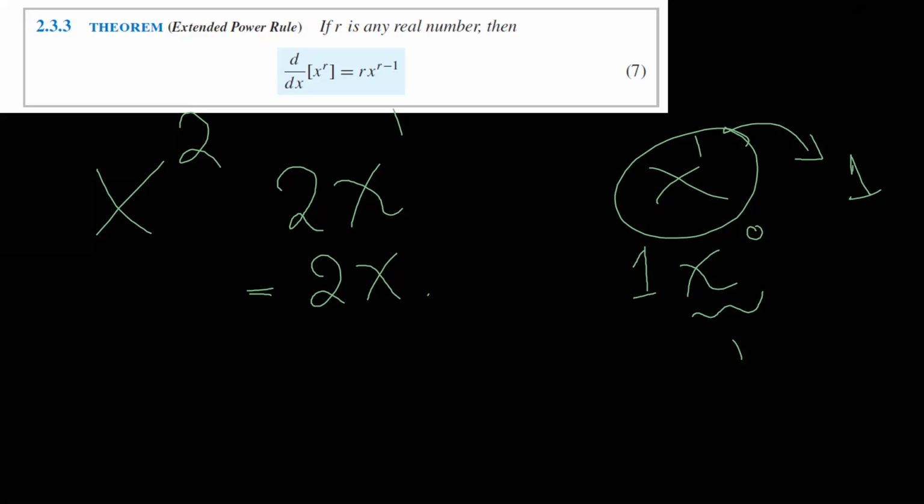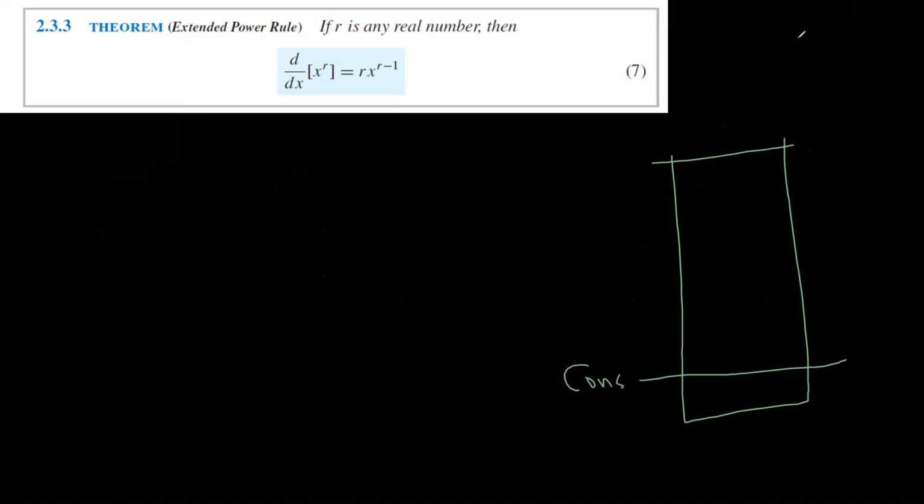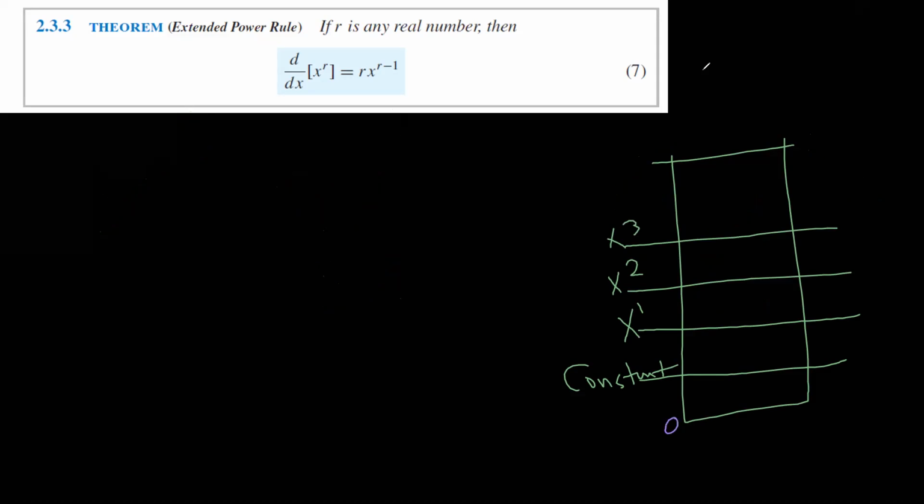So if I have, it's like I am on a ladder. If I am at a constant x, the derivative of a constant is 0.